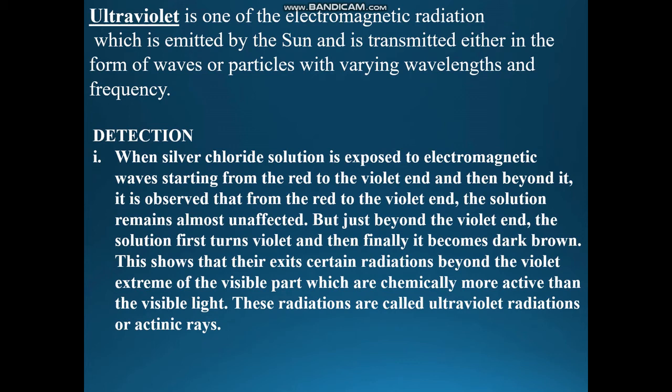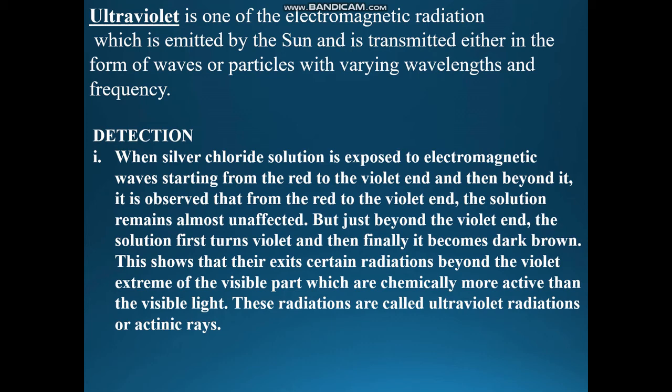It is observed that from red to the violet end, the solution remains almost unaffected. But just beyond the violet end, the solution turns violet and then finally it becomes dark brown.